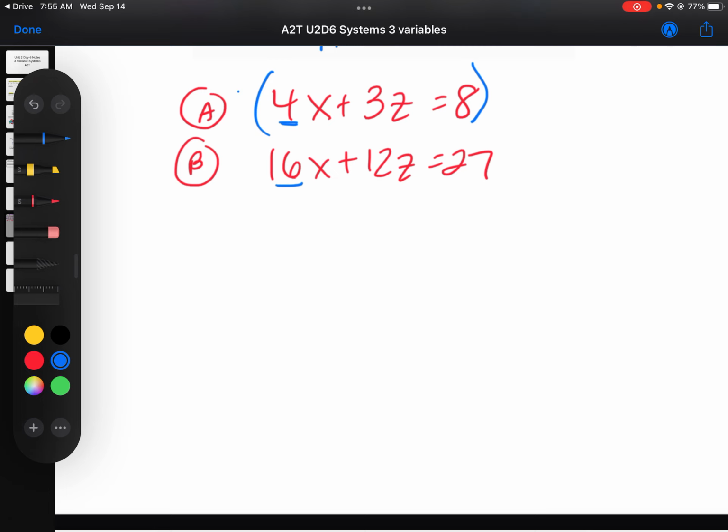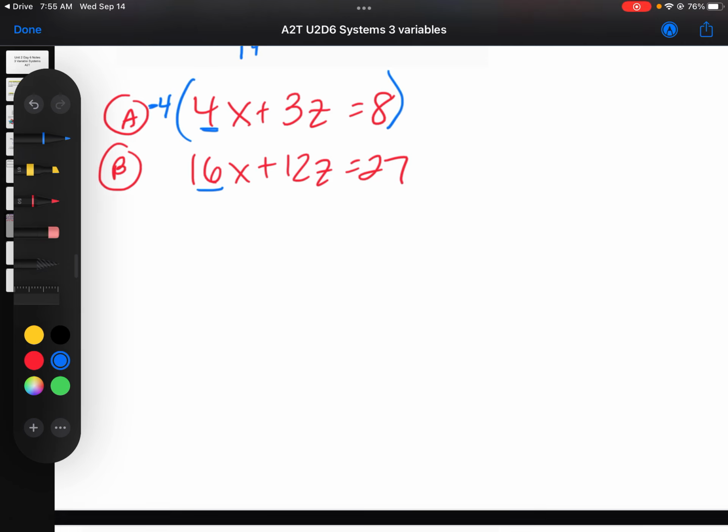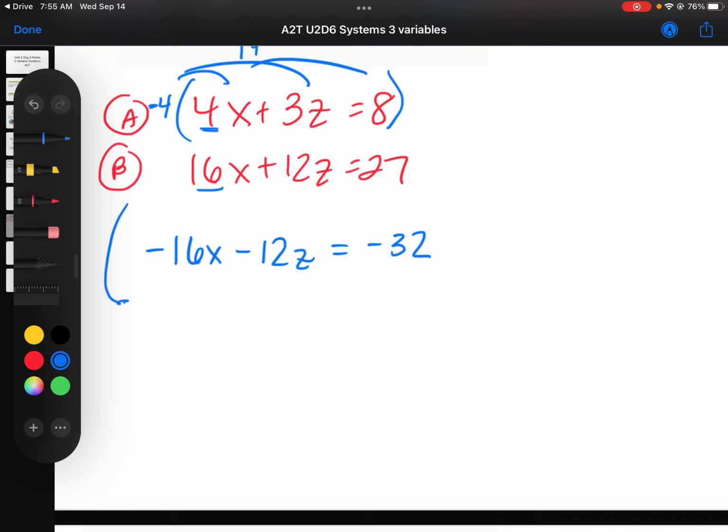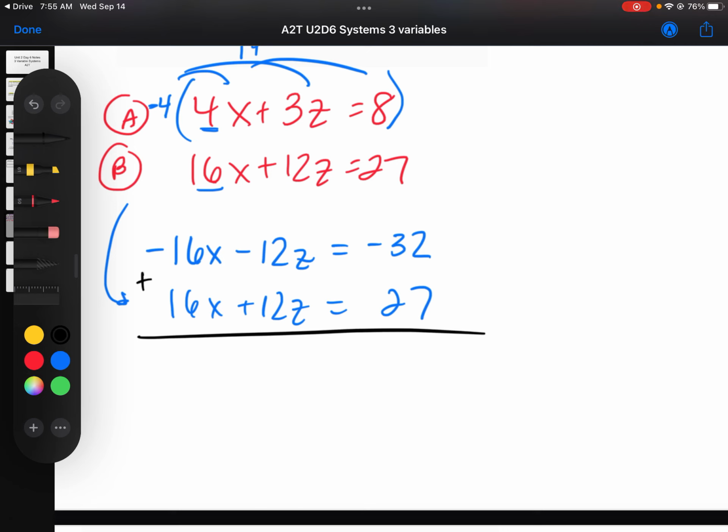Sure. I'd have to multiply it by 4 and make it negative in order to make it negative 16. So this becomes negative 16x minus 12z, I'm distributing it to all 3 terms, equals negative 32. Equation B, I'm just going to drop down 16x plus 12z equals 27. Now I can add these.